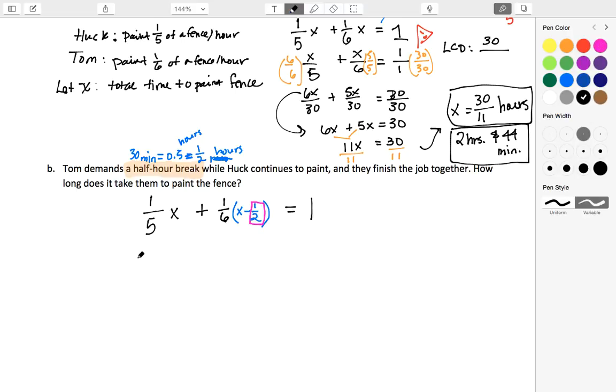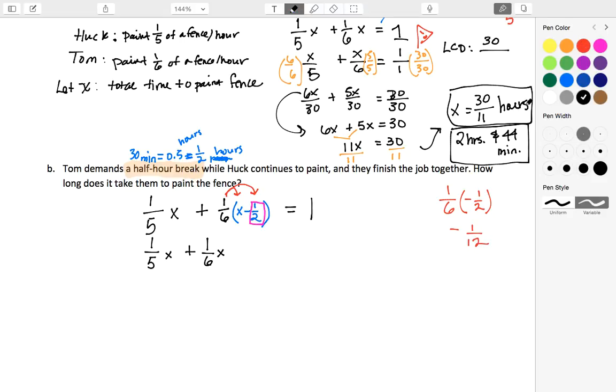So then from here, we can show this in this form. We have x over 5, plus we can distribute this 1/6 to each of these. We'll get 1/6 times x, minus 1/6 times, or no, 1/6 times -1/2. I'm going to do that on the side. So we have 1/6 times -1/2, so then we'll get -1 over 12.